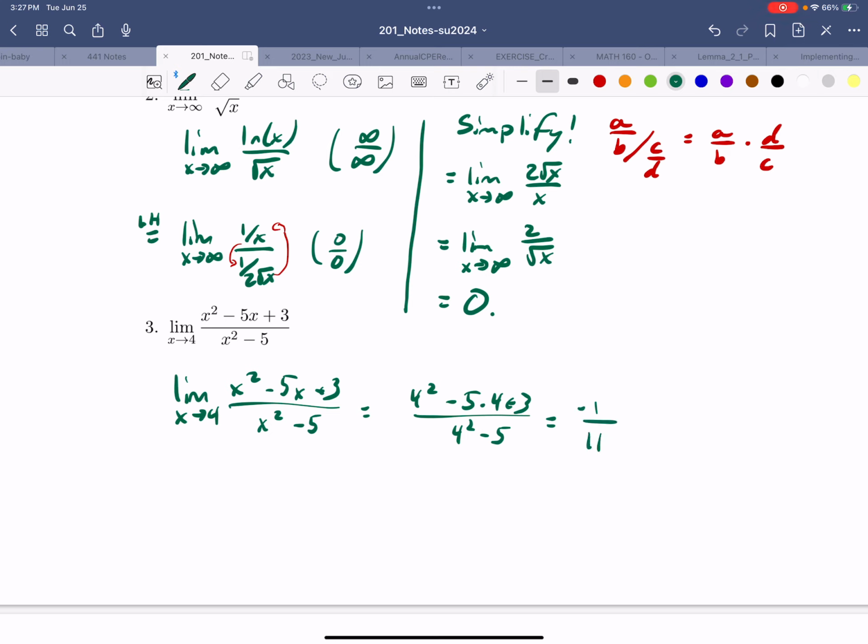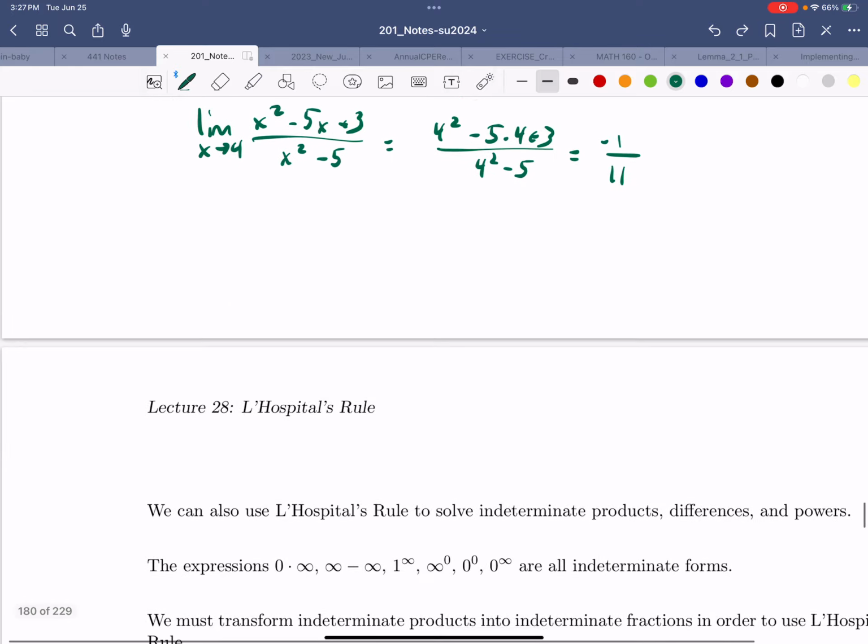No, negative 1/11. Is that what you got? Or did you get something else, like 3/8? If you got 3/8, then you are incorrect. You do not get to use L'Hopital's rule if you're not getting 0 over 0 or infinity over infinity. So please be careful. Always verify that you are, in fact, able to use L'Hopital's rule, because sometimes you might get the wrong answer.